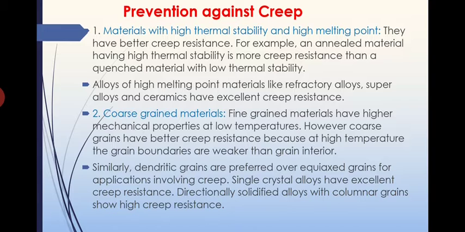If the temperature at which the stress is applied is less than 0.4 times Tm, then the possibility for creep formation is much less. So it is depending on the melting point of the material. So a material having much higher melting temperature in Kelvin will have higher resistance to creep.